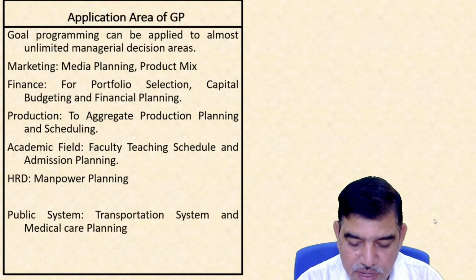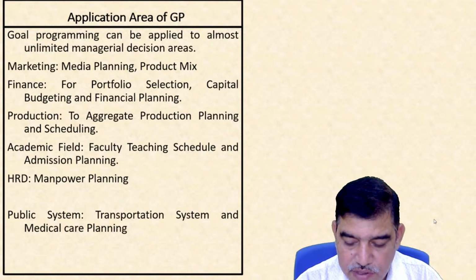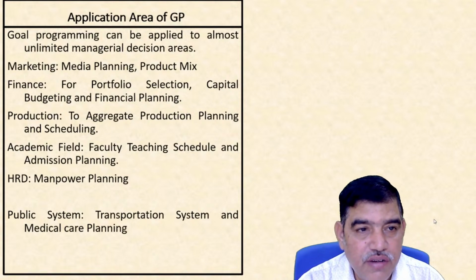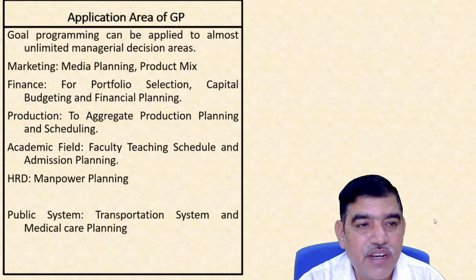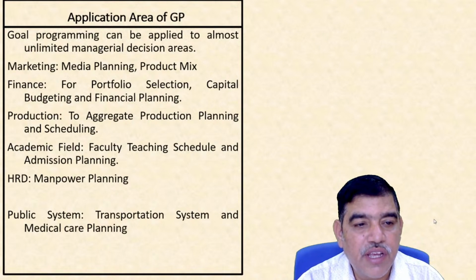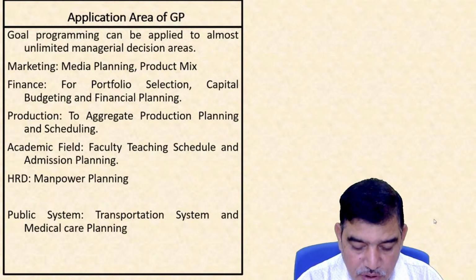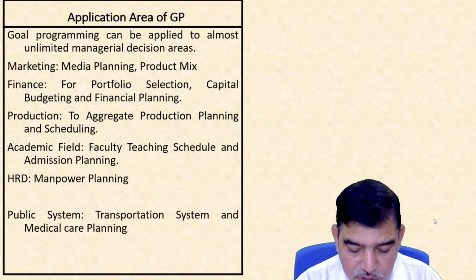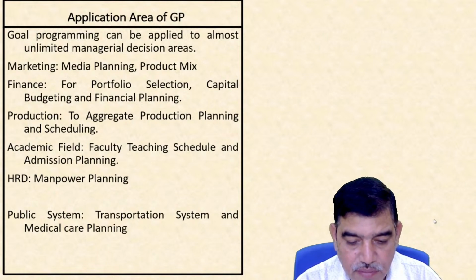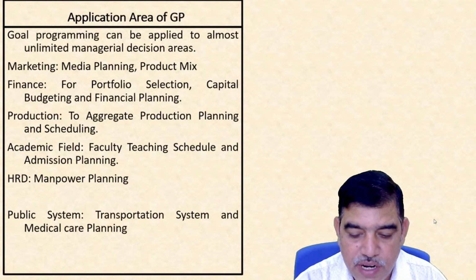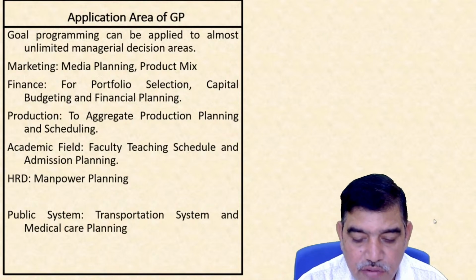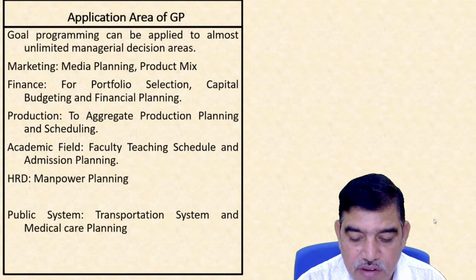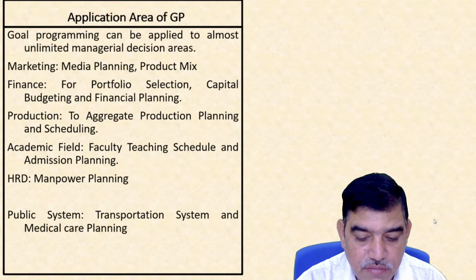The formulation of a goal programming model with its steps is very important, and it is used in different areas, that is marketing, finance, production, academic field, HRD and public systems, to find the best optimal solution. The application of goal programming for managerial decision analysis forces the decision maker to think of goals and constraints in terms of their importance to the organization.